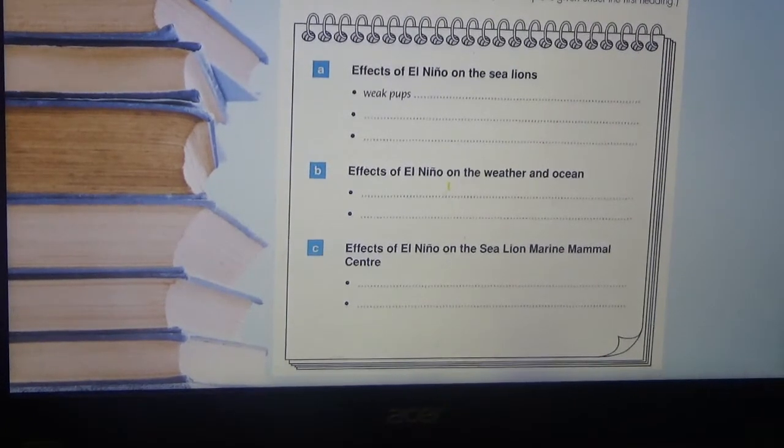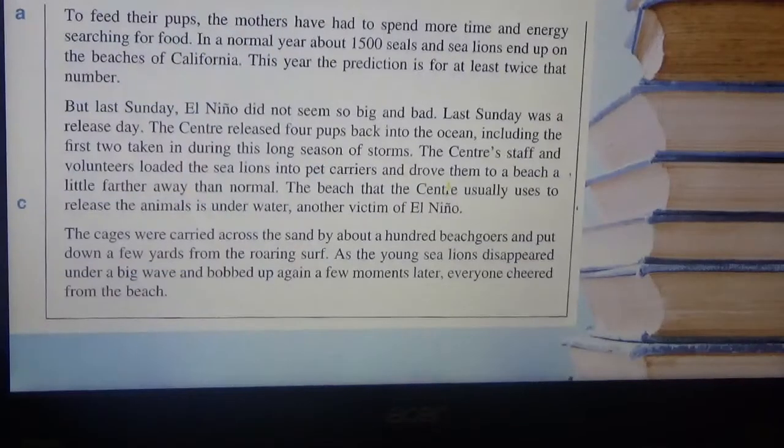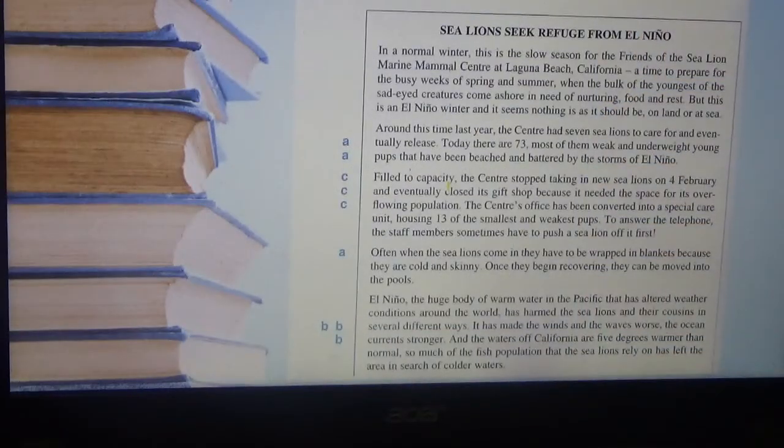Okay, let's go back now that we know what we are supposed to do and what we are supposed to prepare. So we're going to find points from the passage. Okay, so here is the passage, and here's the introduction to the exercise.